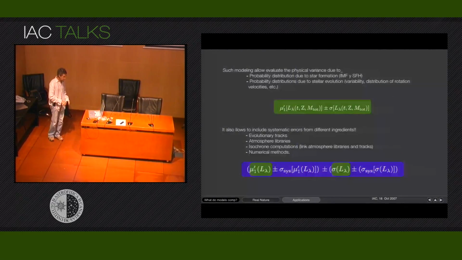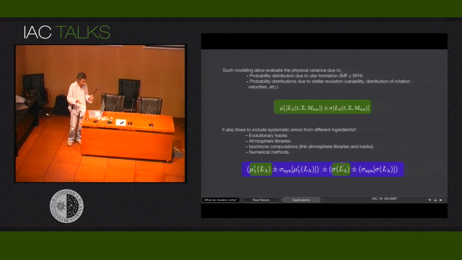So with these ideas, you can obtain not just the mean value, which is usually done, but also the variance. And as soon as you begin to include distributions, you can also compute the errors that are in the evolutionary tracks and the errors that can be in atmospheric libraries, etc. And you can also provide the systematic errors that are everywhere in the model.